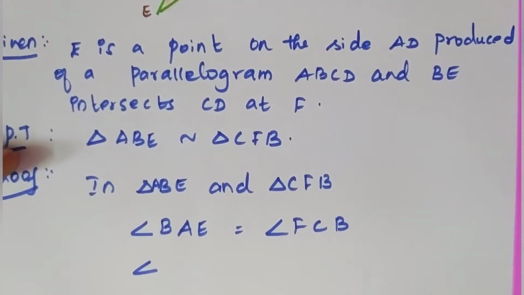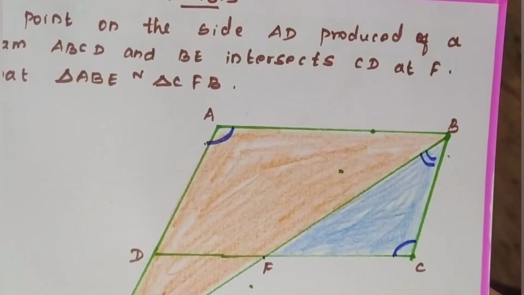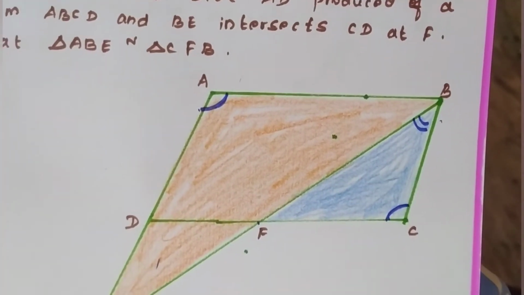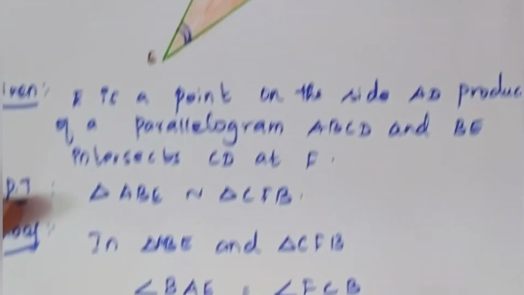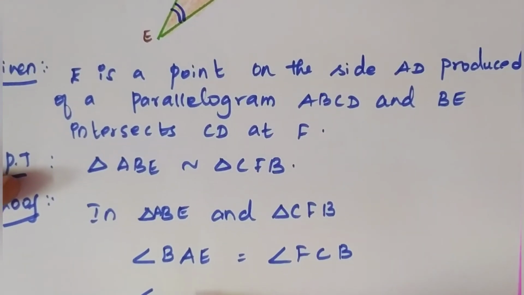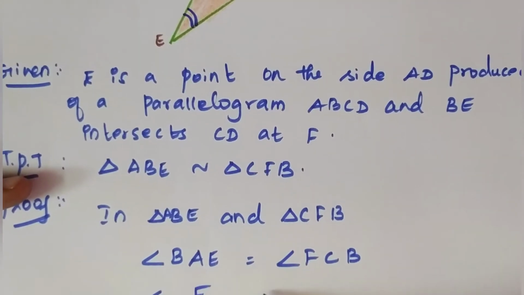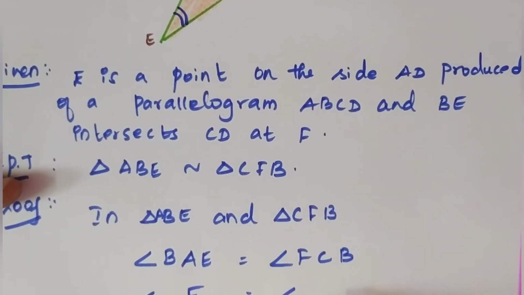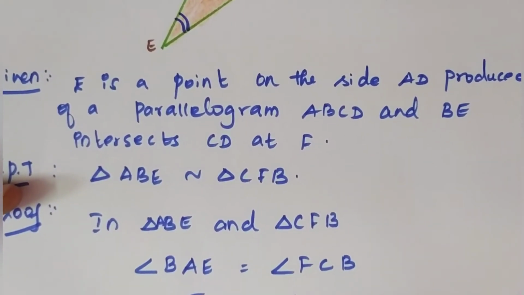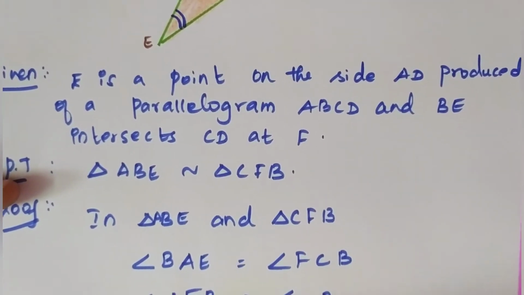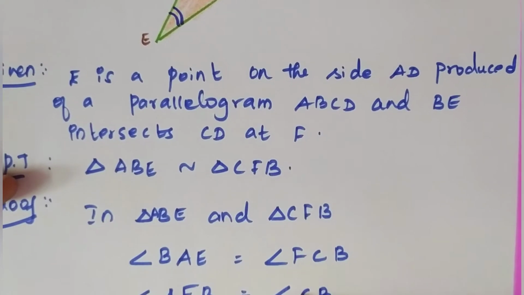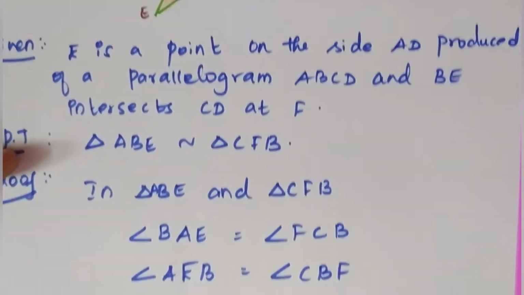Then alternate interior angles are equal: angle E B A and angle B C F. Clear?